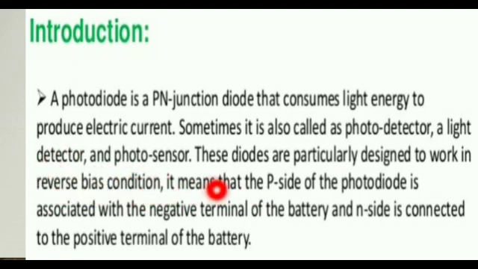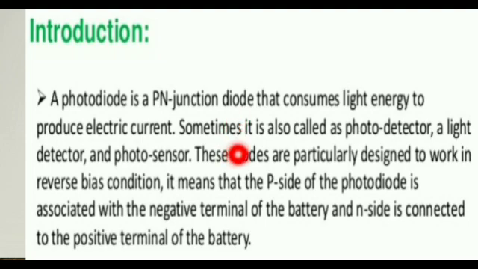It means that the P side of the photodiode is connected to the negative terminal of the battery and the N side is connected to the positive terminal of the battery. Again I'm telling you, a photodiode is a PN junction diode that consumes light energy to produce photoelectric current. A light detector detects light and produces current.